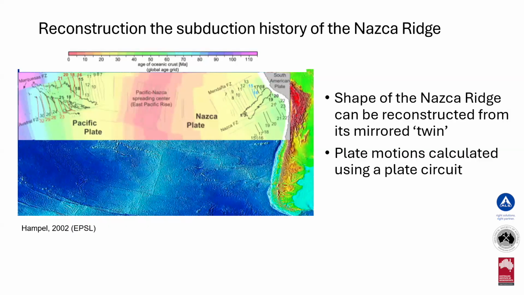I got the idea to do that from the work by Andrea Hampel. And what I basically did is just taking the mirror image of the Nazca Ridge and integrate that in a reconstruction. So here is the Nazca Ridge before it got subducted.